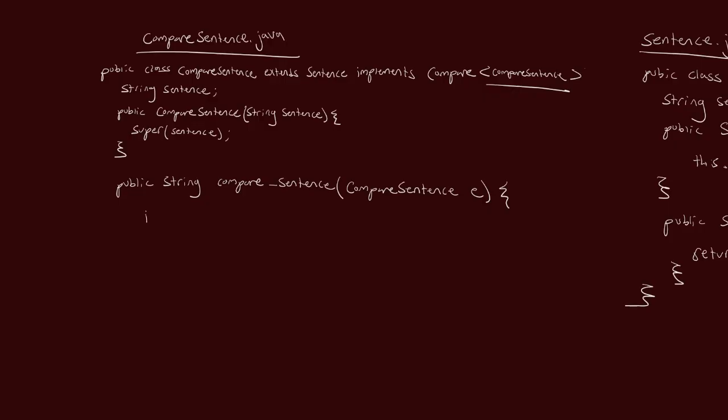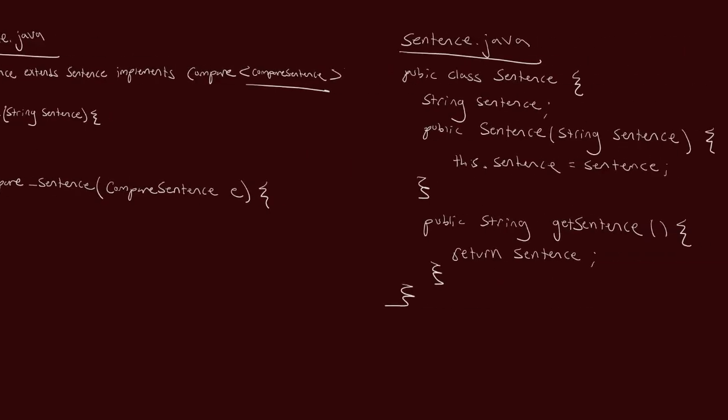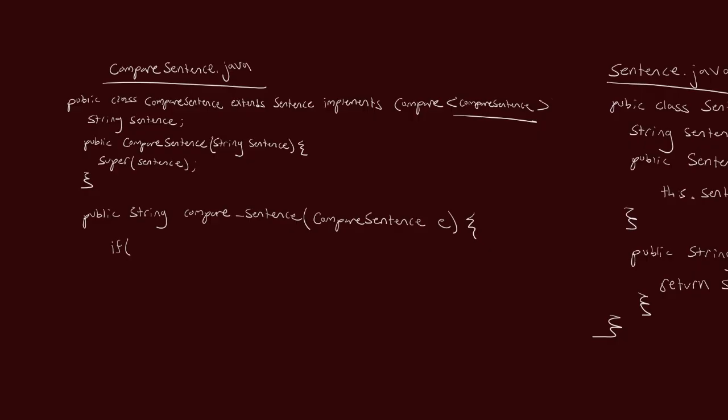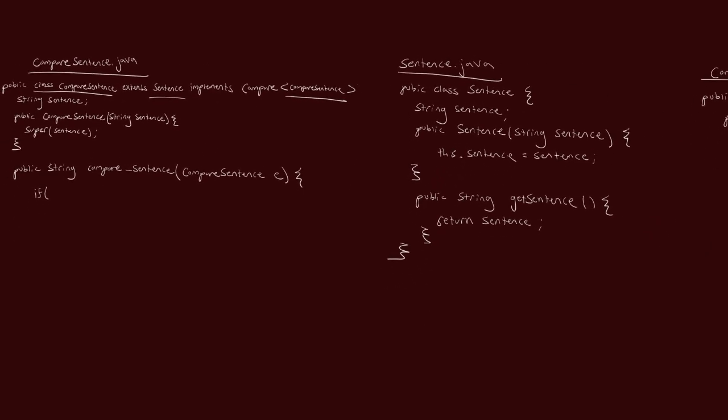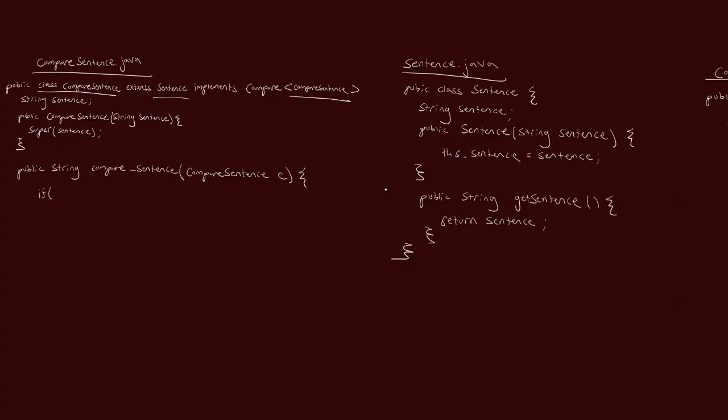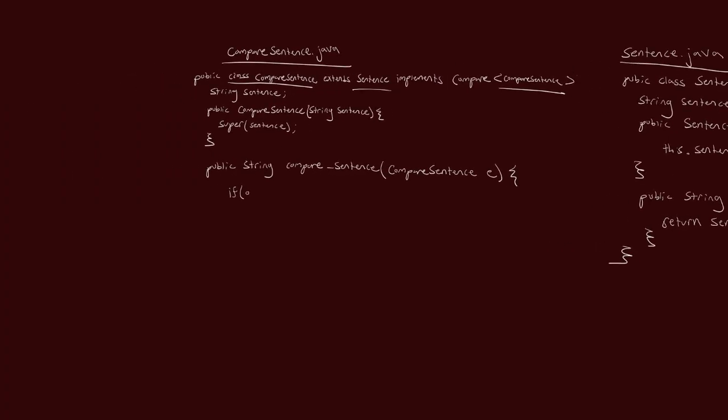So we're going to do if, and recall we're going to be getting 2 sentences. So for the first sentence, since class compare sentence extends sentence, we can use the get sentence method directly. So we can do get sentence, and we can get its length, just like that. Okay, and we're going to see if this is less than.